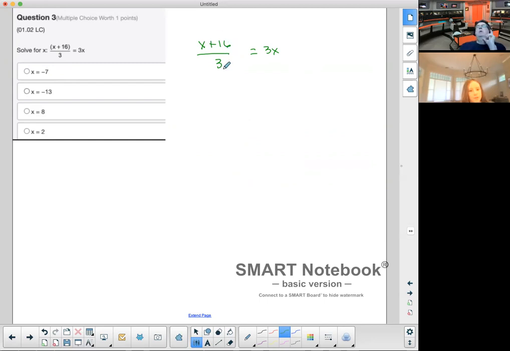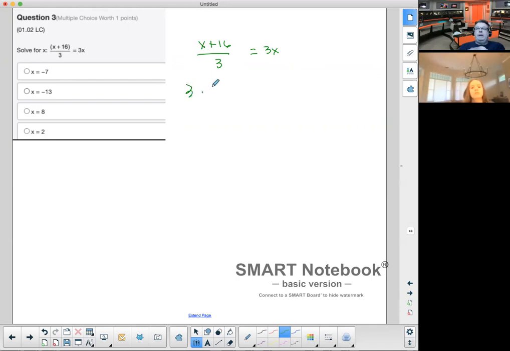Being divided by 3. Right. So this is an exception to adding or subtracting first because there's nothing I can add or subtract that's going to help. So do we multiply by 3? Yep. So then we can clear that 3, right?